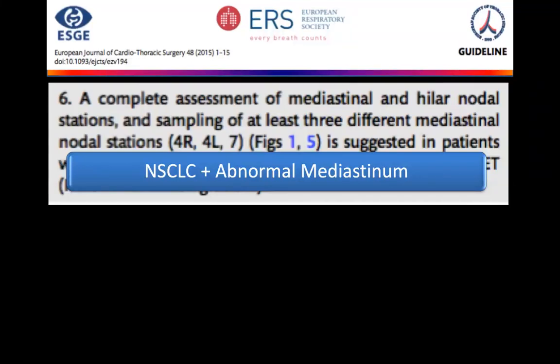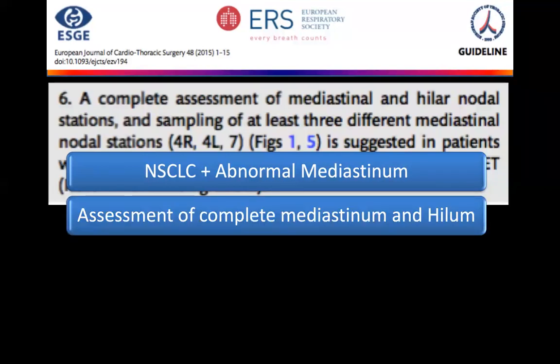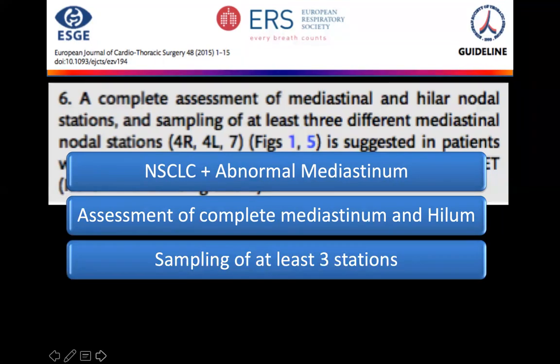A non-small cell lung cancer with an abnormal mediastinum. The assessment of the complete mediastinum and hilum is needed. At least 3 stations should be sampled. This is an MCQ. That we sample level 2 and 4. Is that okay? That is incorrect.